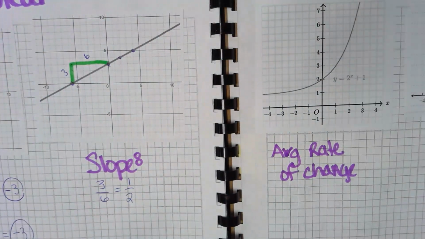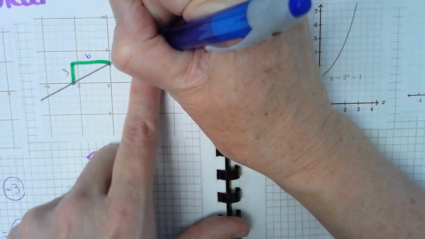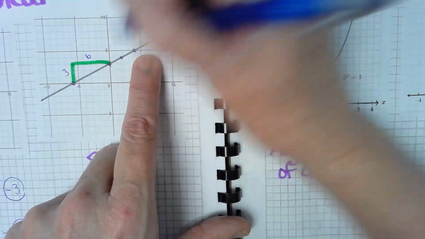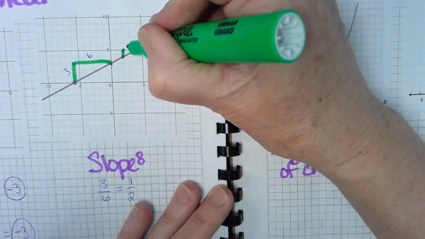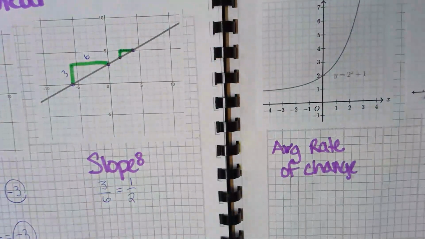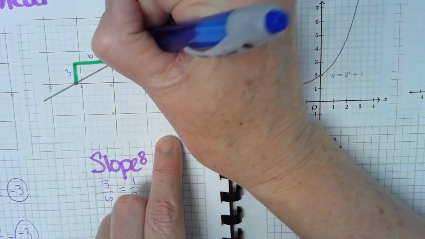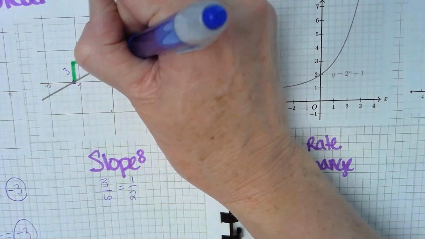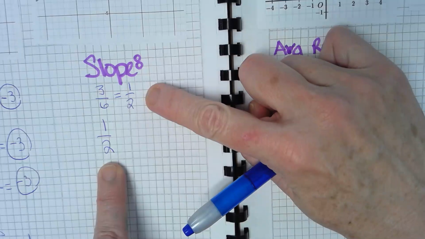Okay, so now let's do 2 different spots. This time let's choose this one and this one. Let's draw our right triangle. We rise 1 and run 2. Look what's happening.